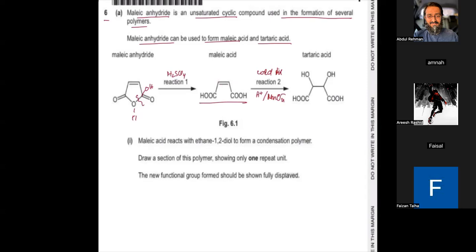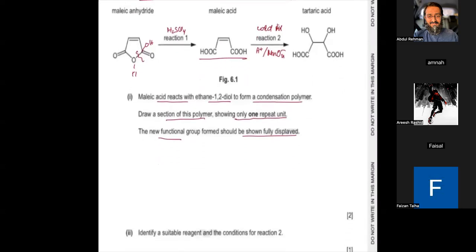Okay. Now, maleic acid reacts with ethane-1,2-diol to form a condensation polymer. Draw a section of this polymer showing only one repeat unit. The new functional group formed should be shown fully displayed. So if you see, over here we have a carbon with a double bond O, and then we have OH, right?